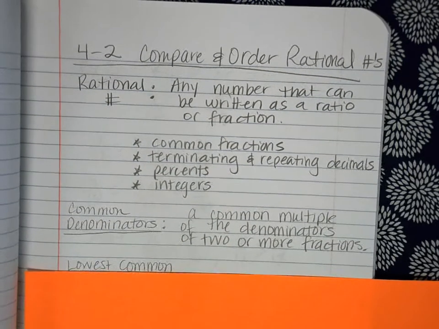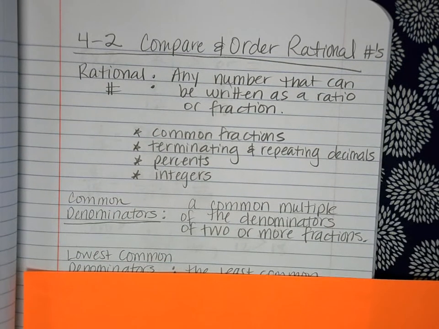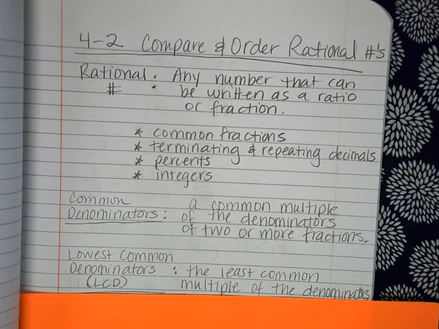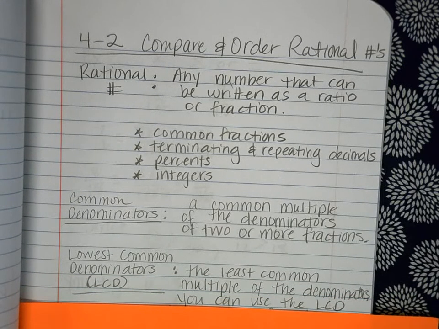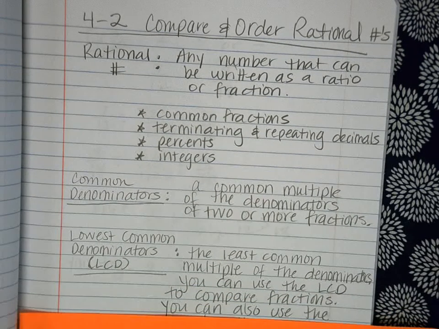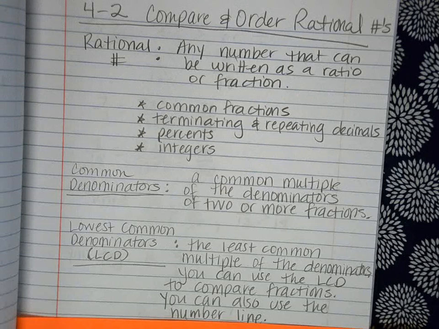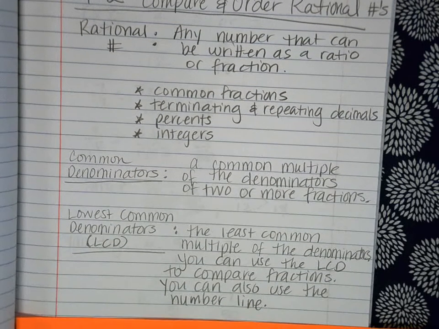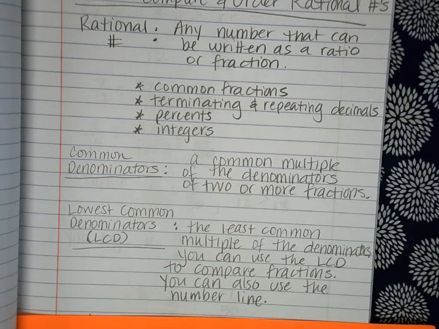The other thing that's review for you guys is the lowest common denominator, which remember was the LCD, and that's the least common multiple of the denominators. Okay, so you can use that to compare fractions and use them on a number line. In the warm-up, you had to compare them on a number line, and you actually found the LCD, or some of you did, for the one that was 2/3. You found out that it was 12.